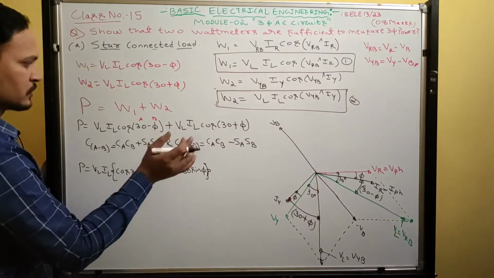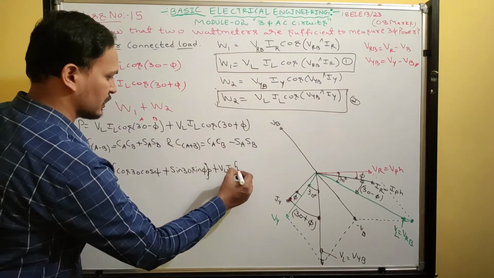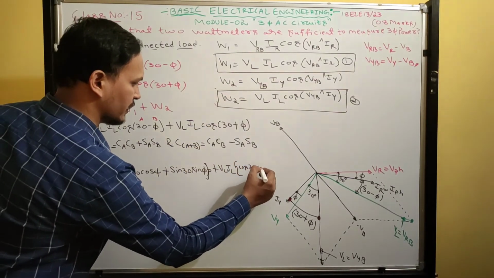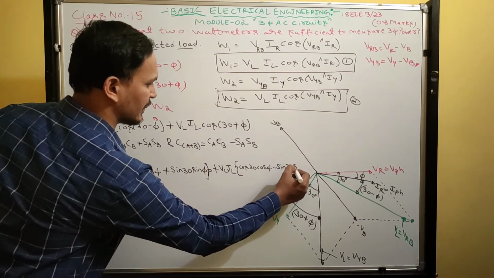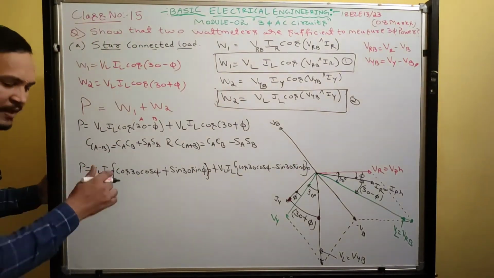That first term is over. Then again plus VL into IL within the bracket, cos A plus B: cos A cos B minus sin A sin B. Now multiply each and every term.